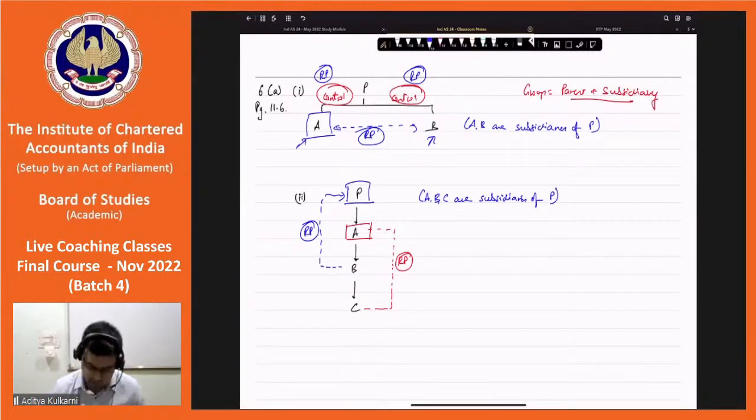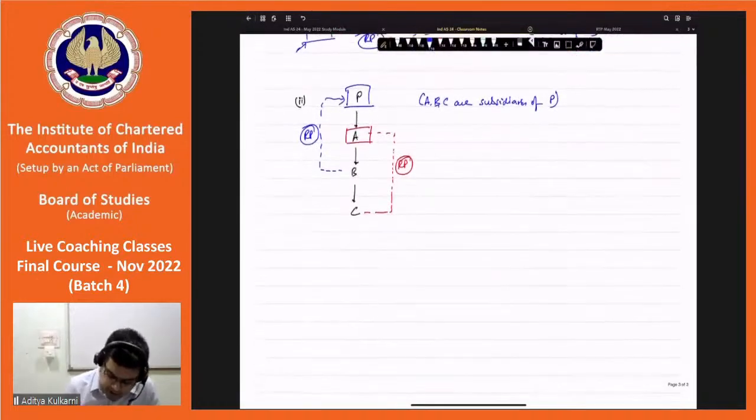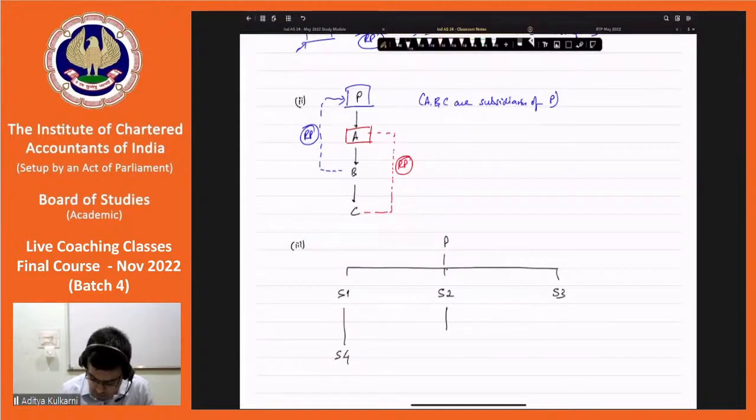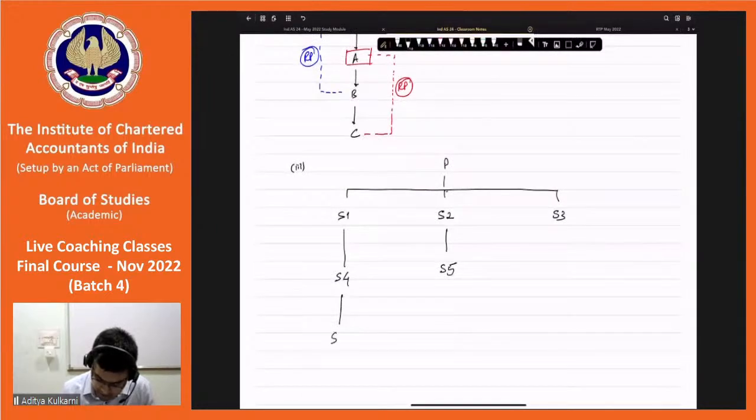Yes, all clear? So let us move on to a slightly complex structure. P, S1, S2, these are subsidiaries, S3, S4, S5, S6, S7.